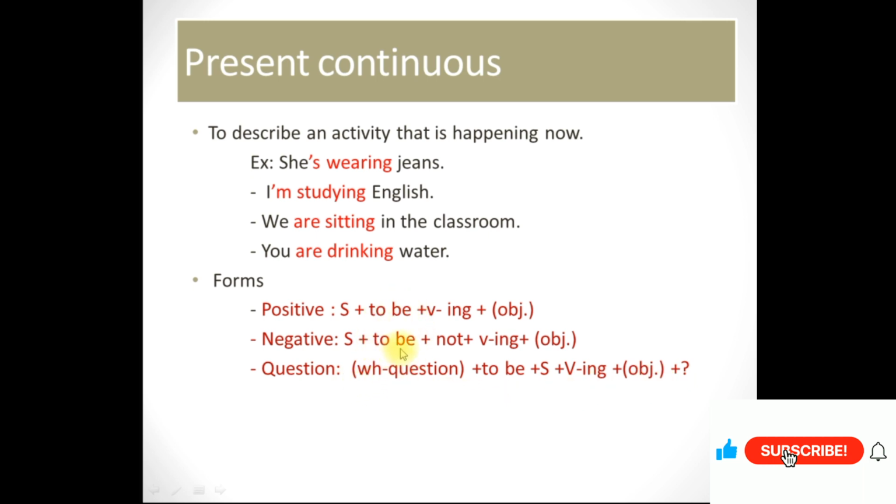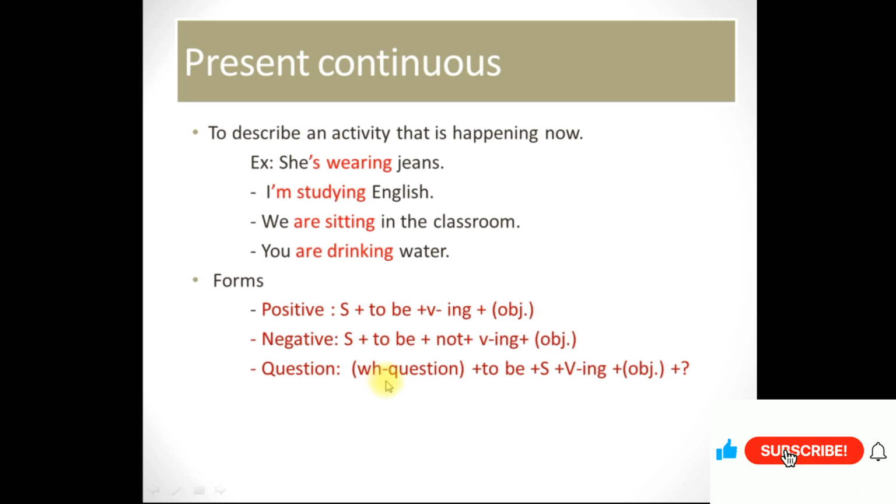The be here is called an auxiliary verb. In present continuous, we use the auxiliary verb be to help form it. I hope all of you know WH questions, like what, where, why, and when.